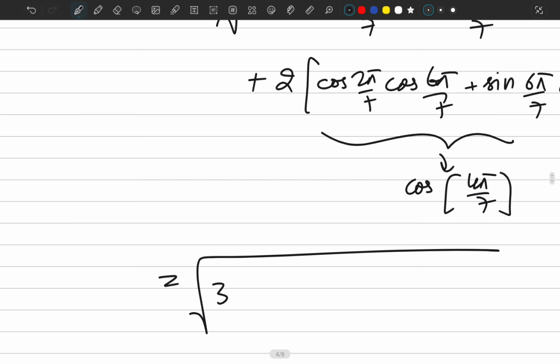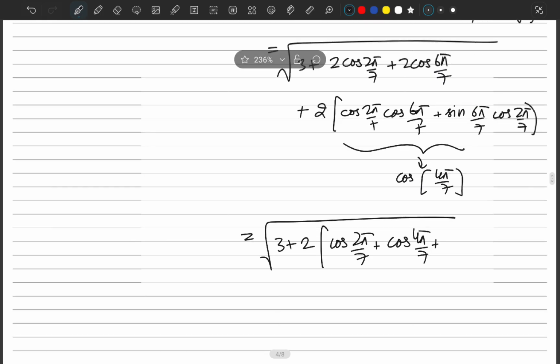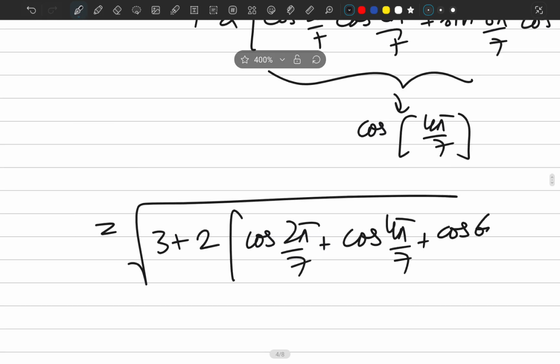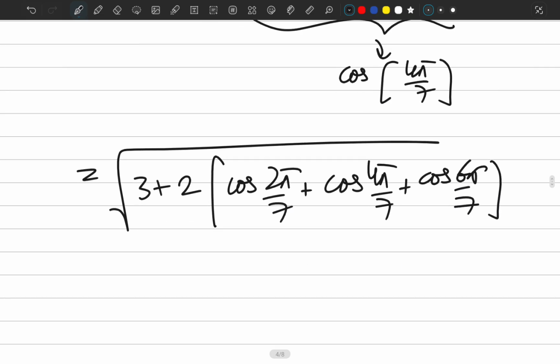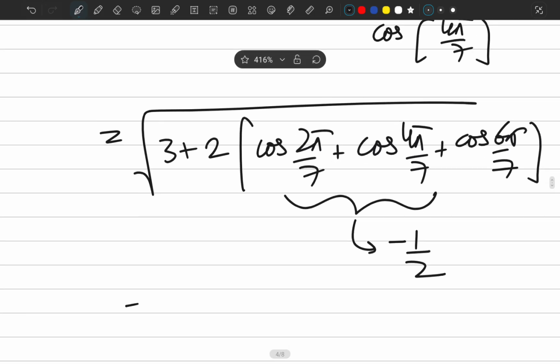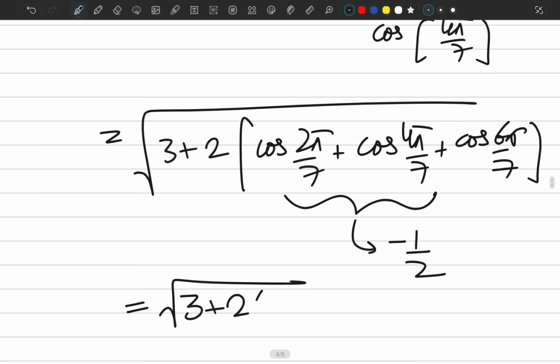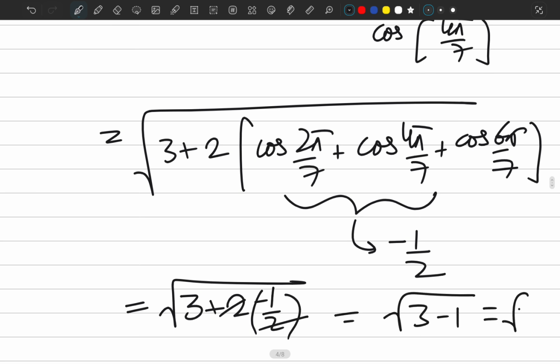So this term turns out to be cos 2 pi by 7 plus cos 4 pi by 7 plus cos 6 pi by 7. Now if we divide and multiply by sine pi by 7, and we open the formula for these sine a cos b terms, we will see that this cancels out and we get minus 1 by 2, which gives us 3 plus 2 times minus 1 by 2, and this gives us 2, so the modulus is root 2.